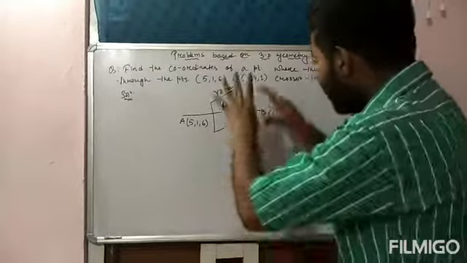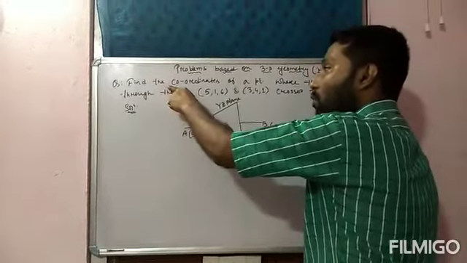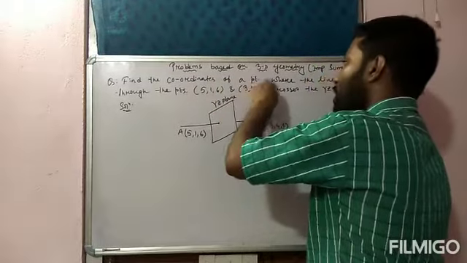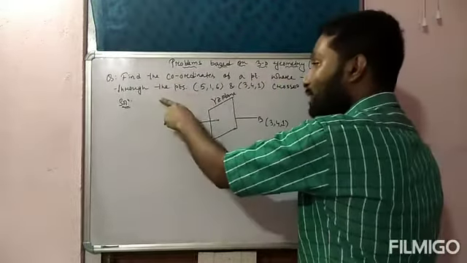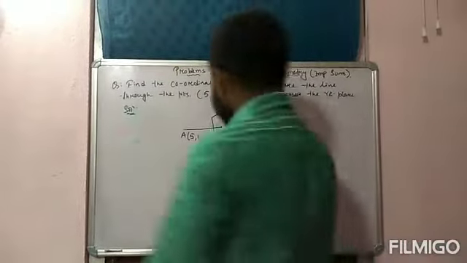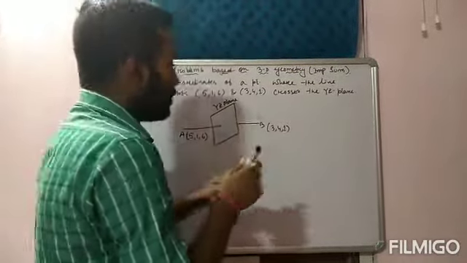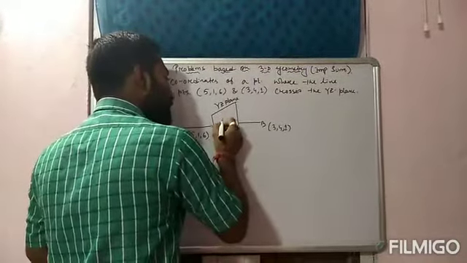Okay, तो अभी ये डायग्राम से क्या फाइंड आउट करना है, क्या ढूंढना है? You are asked to find the coordinates of a point where the line passing through these 2 points crosses YZ plane. That means ये जो लाइन AB है YZ प्लेन को क्रॉस किया, तो मतलब कौन सा पॉइंट से पास हुआ?